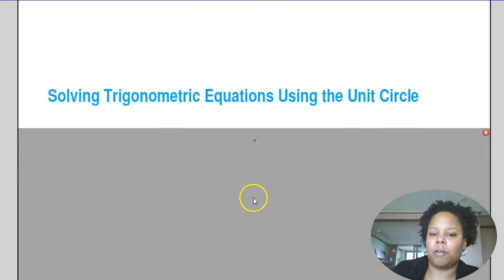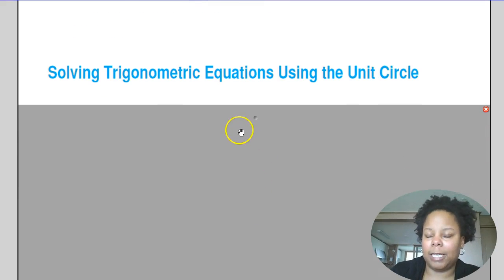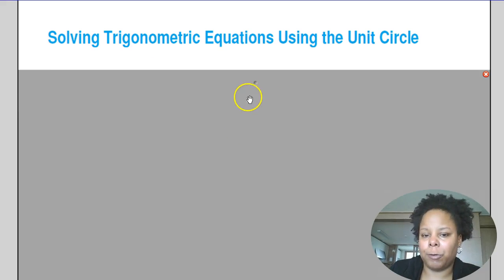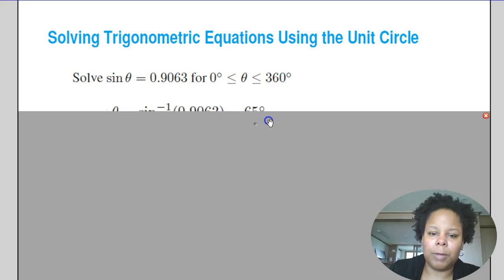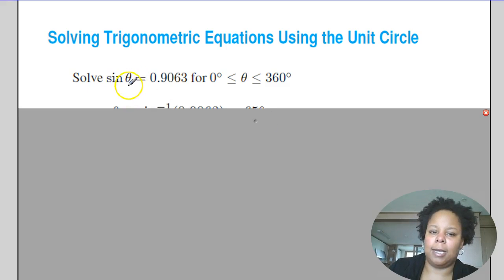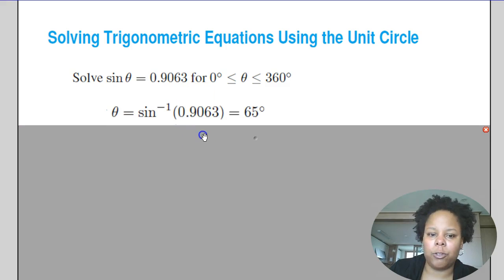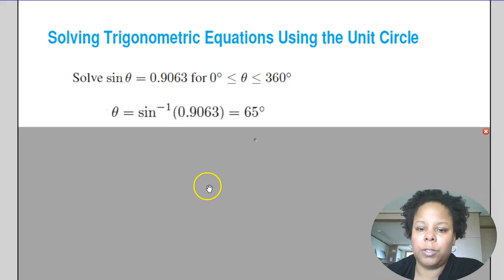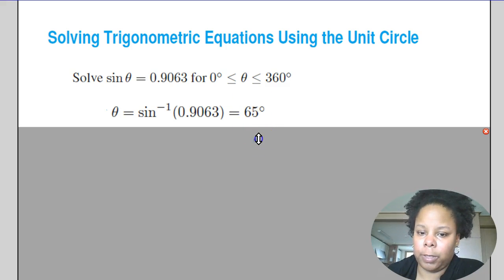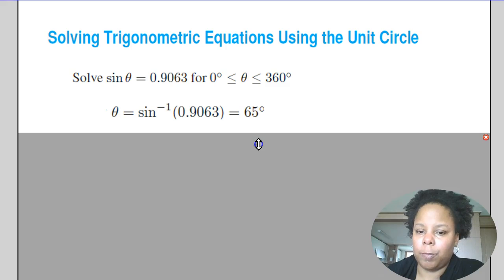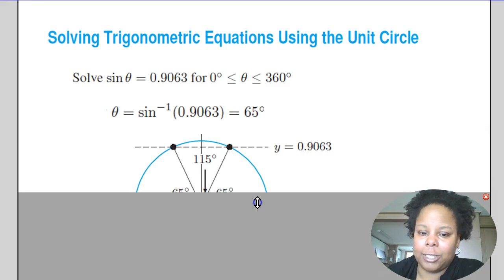Now, another way we can solve trigonometric equations besides graphically and algebraically is by using the unit circle. And if you recall, if I want to ask what angle produces a sine theta of 0.9063, I can use the arc sine, but using the arc sine, I will only get one answer, and that answer will be where the angle is between -pi/2 and pi/2, or -90 and 90 degrees, as you can see here.